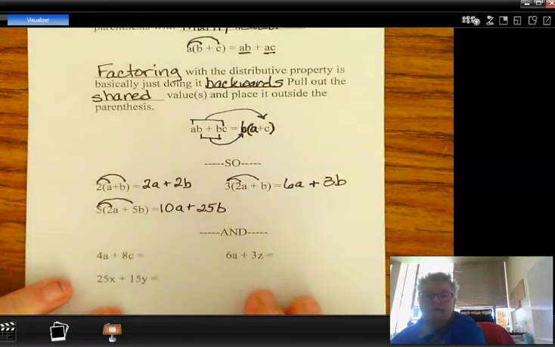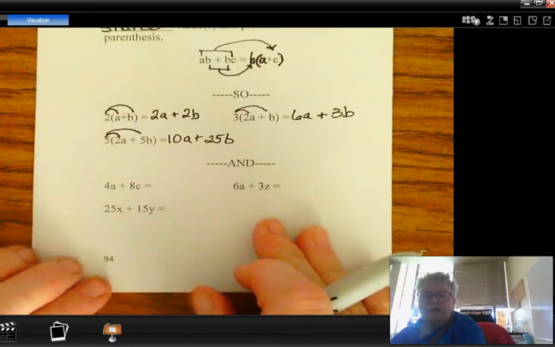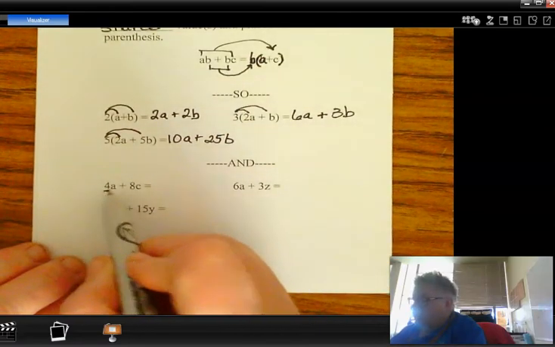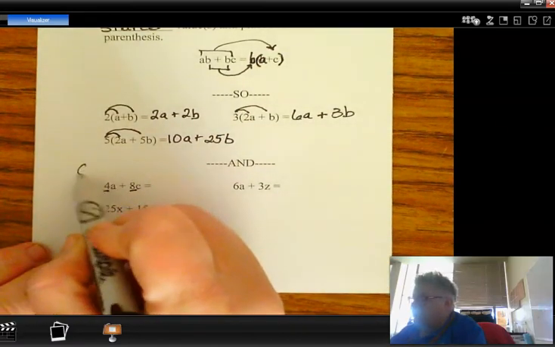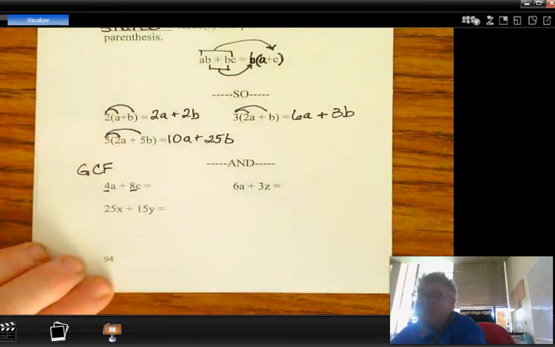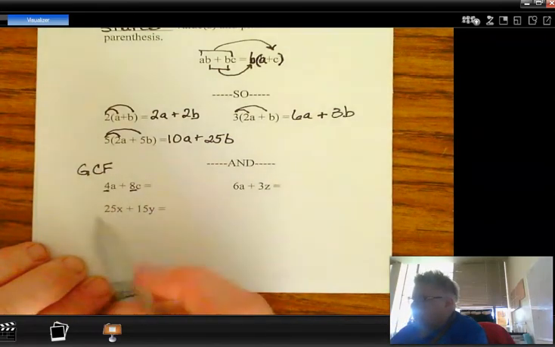Let's do the factoring ones. I've got 4 and 8. So what I need to find is my GCF, the shared values. What's my greatest common factor? Page 55 in your notebook. Use your notes. GCF.